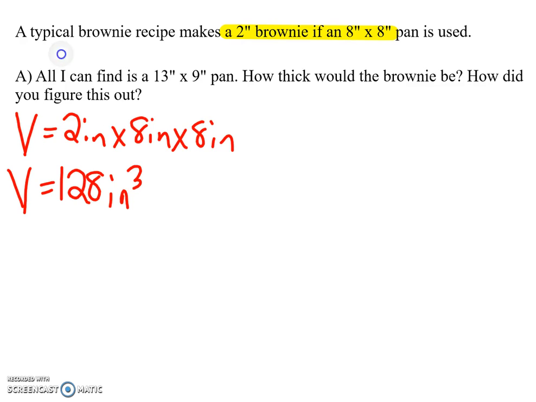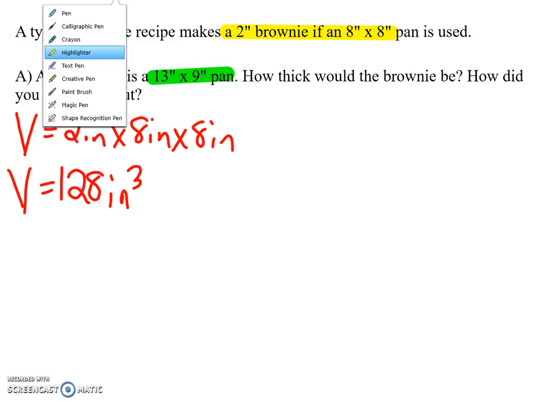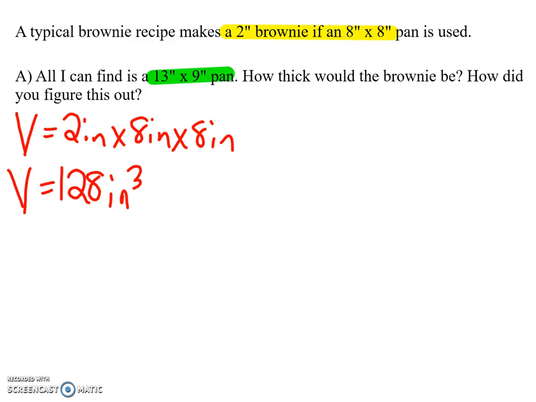So now I'm going to instead look at the idea that I have a 13 by 9 pan, but I'm going to have the same volume. So again, it's going to be a rectangular prism, so I know I'm still doing length times width times height. So I know the 128 cubic inches doesn't change.